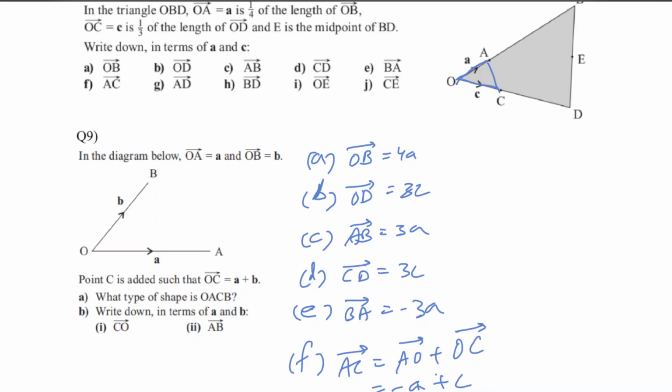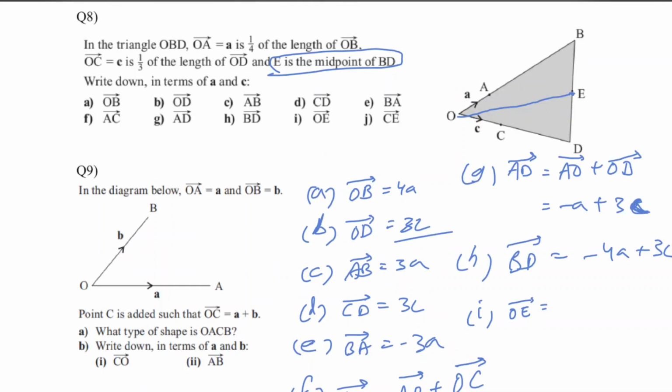OE. What is OE? It is given that E is a midpoint of BD, right? If E is a midpoint of BD, if I am going in this direction, O to E, OB plus BE, right? This is 4A and it is also positive, and BE is just half of BD, right?